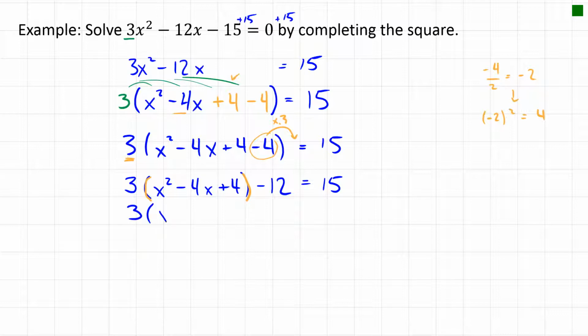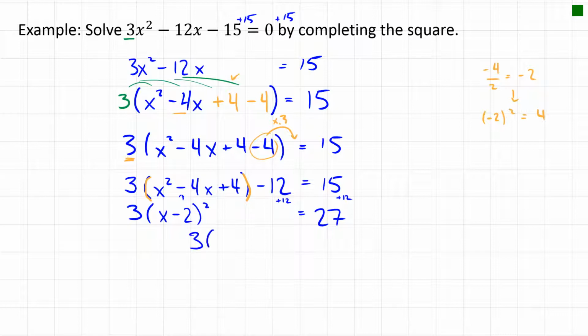We can still rewrite that perfect square as x minus 2 squared, again minus because of that negative in the x coefficient. So I have 3 times x minus 2 squared, and then I'll add 12 to each side, and then I have equals 27 on the right-hand side.